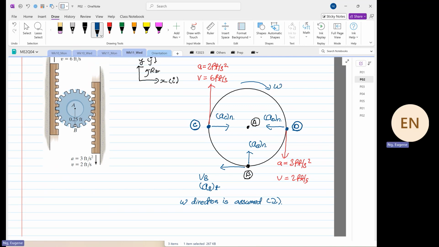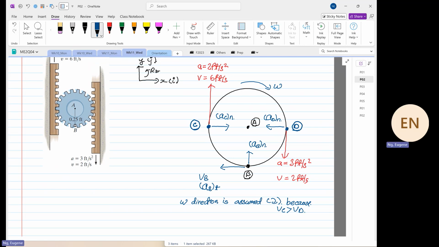And this is purely because velocity at point C is greater than velocity at point D. I'm going to make the assumption.